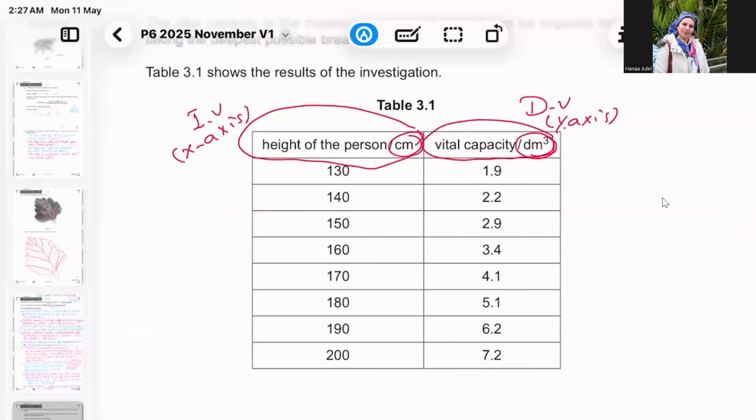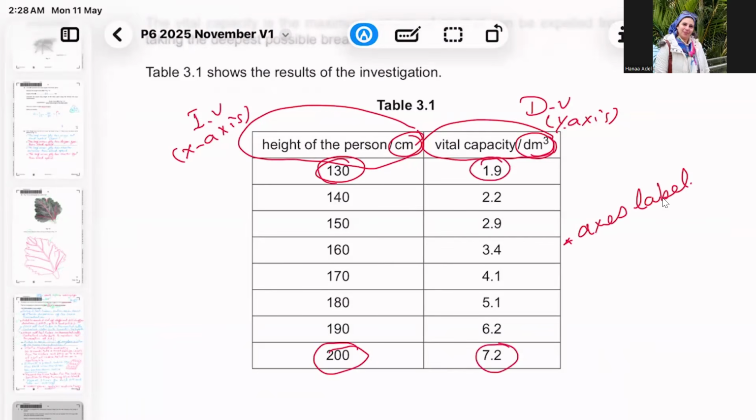So the first mark is for the axis label. If you just write it as it is, you just take 1 mark out of 4. And then we have to know the least value and the highest one.